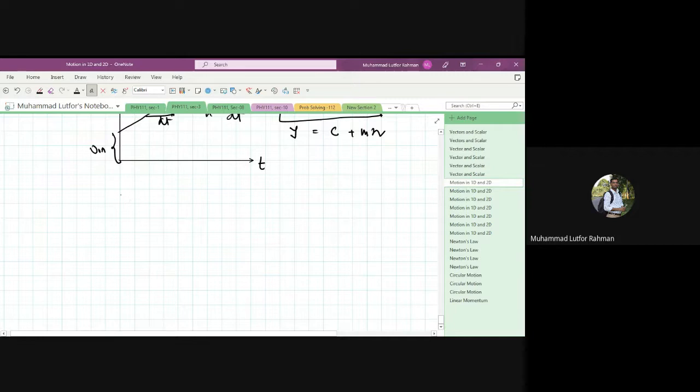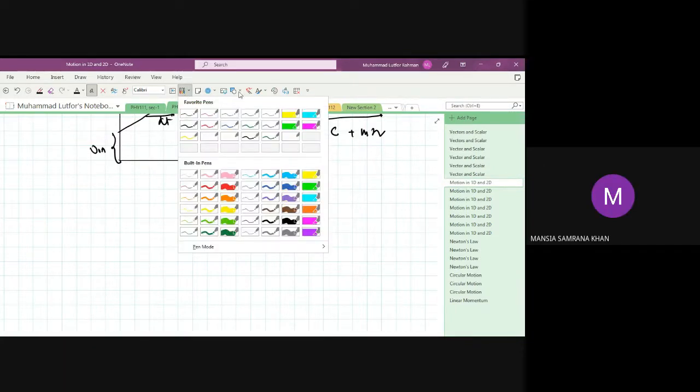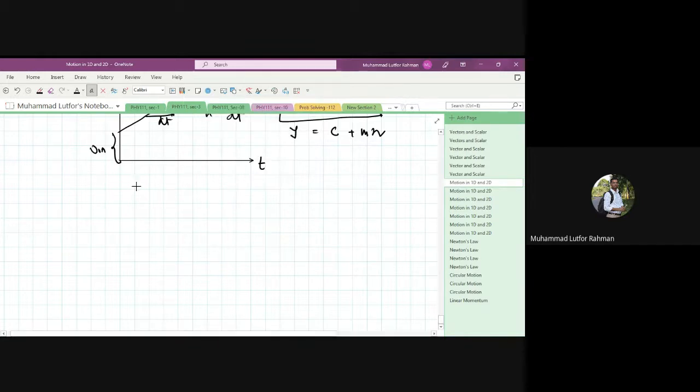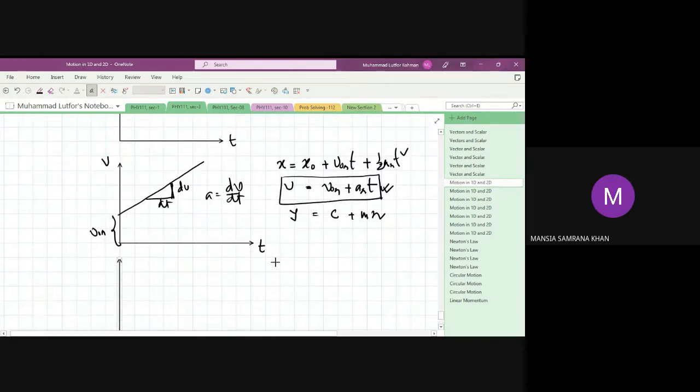What about the displacement versus time graph if the particle moves at a constant acceleration? Sorry, could you scroll up? I want to see the velocity time graph again. This one? Yes. So why did it not start from zero?